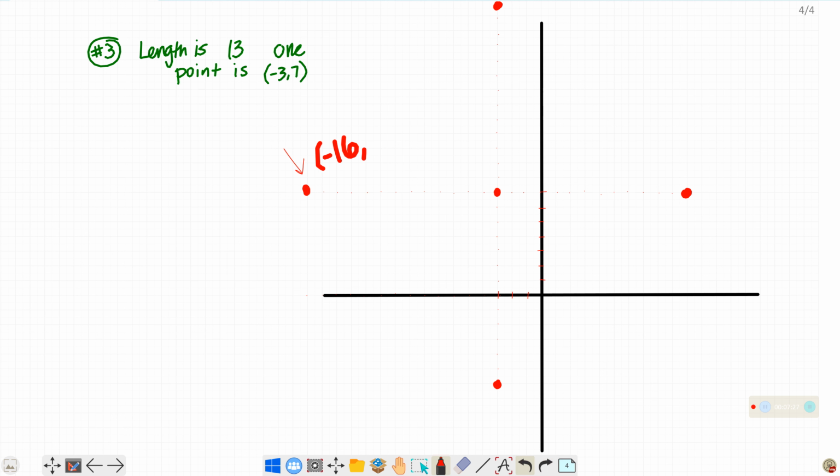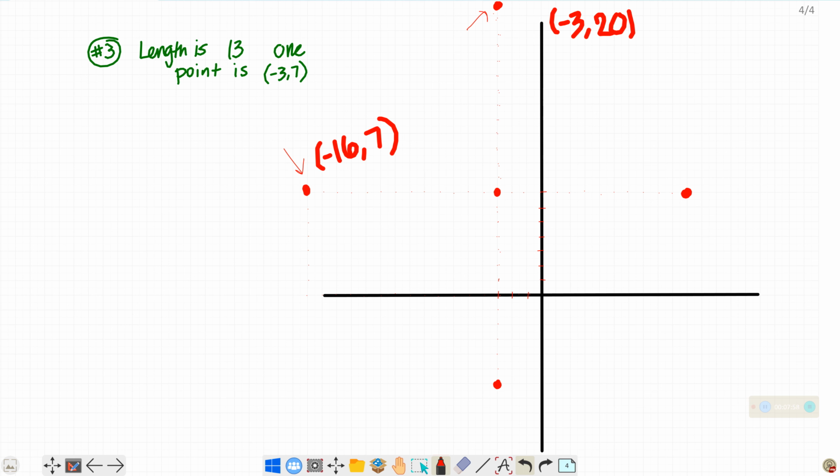And then we're going to count up 7. So that point is (-16, 7). This one at the top, we've gone back 3, so it has an x coordinate of -3, and then we're going to go up 20.